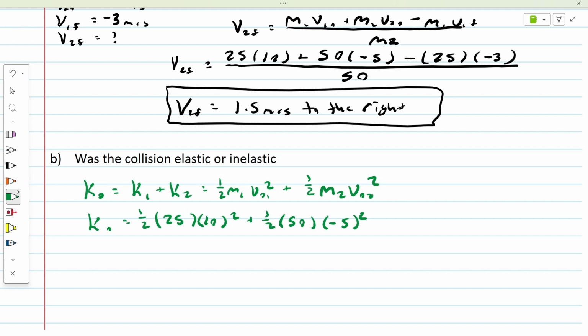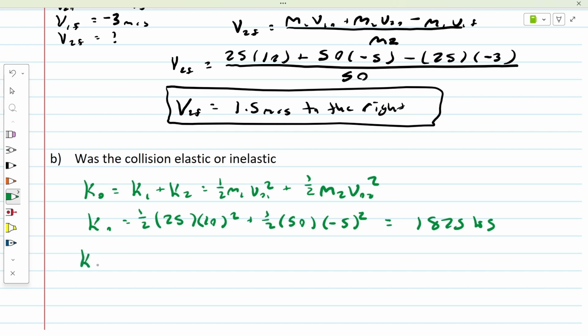And so notice that in this case we don't care about directions because the energy is a scalar quantity, and since it's a square, the direction will not affect it. So when we plug these in, we get initial kinetic energy of 1875 kilojoules.